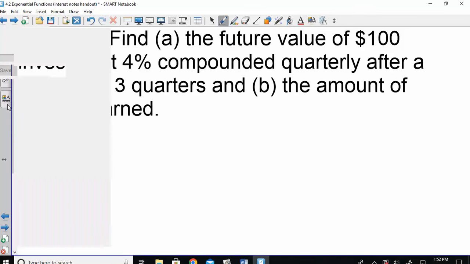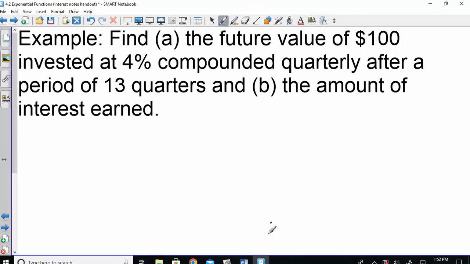So I have several examples on here. We'll go through at least a few of these and make sure that we know how to calculate interest. So if I ask you to find the future value, what variable is that? A, so I'm looking for A. Of $100, so what is the 100?